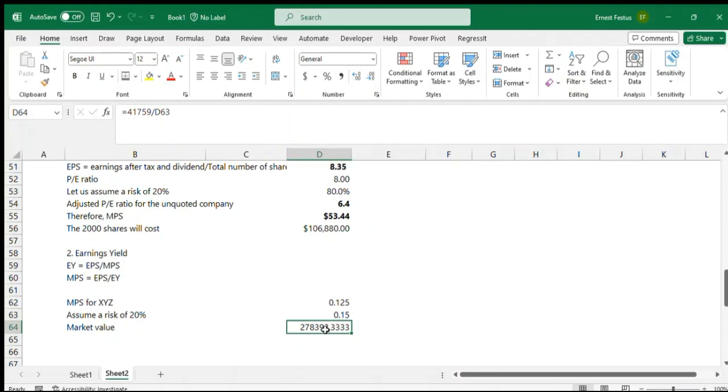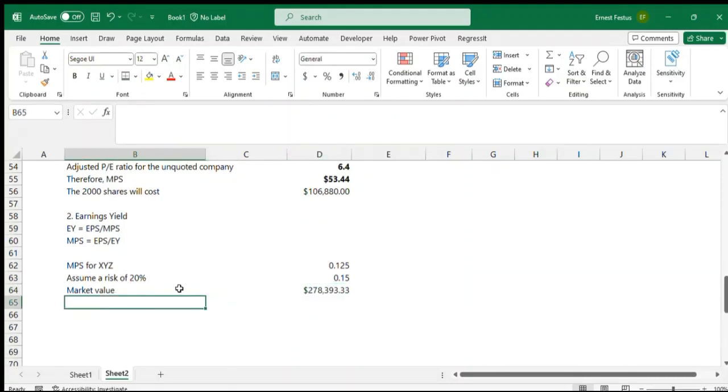But we want to find the market price per share. So this is the entire market value. Let me actually edit that, so it's actually a currency. Very good. So we have that, and then we are looking at the price per share.